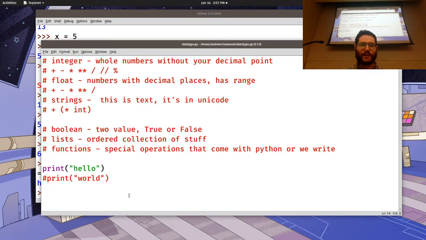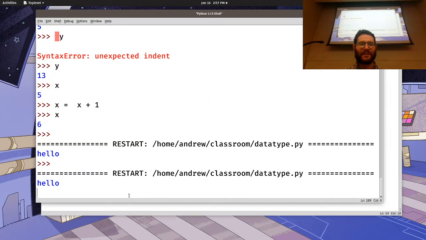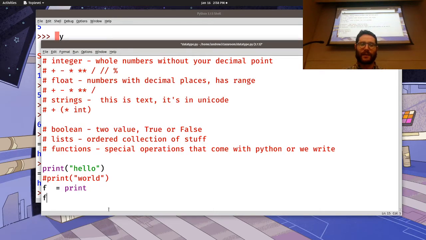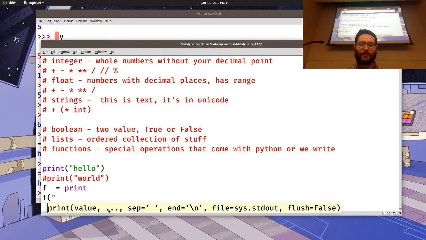Great. So let's go ahead and just say I'm going to create a variable called f for function, right? Everybody knows f. f is equal to print. Well, I run it. It's going to be legal. Doesn't yell at me. This is new if you're coming from a different language. The only time you're going to see this is now and at the very, very end of the semester. So this is just to get into the head the point that this can store anything. And so I can totally say f hello.